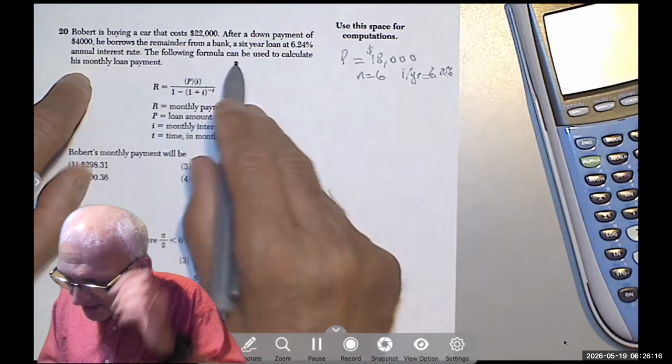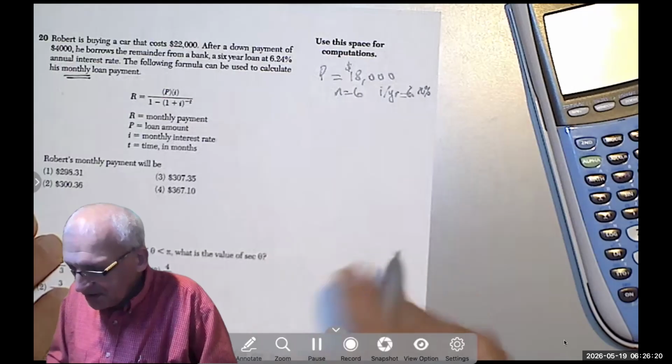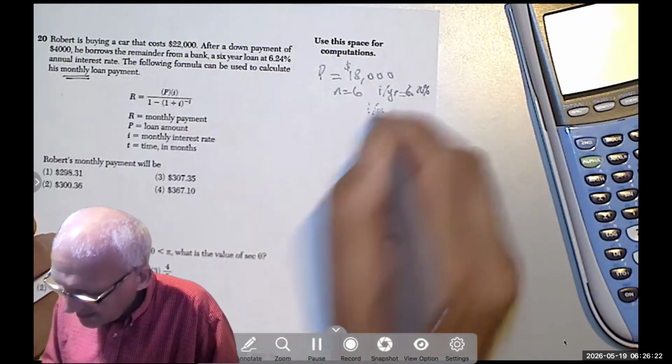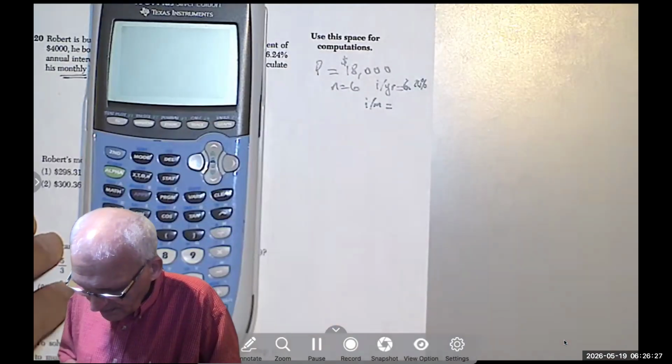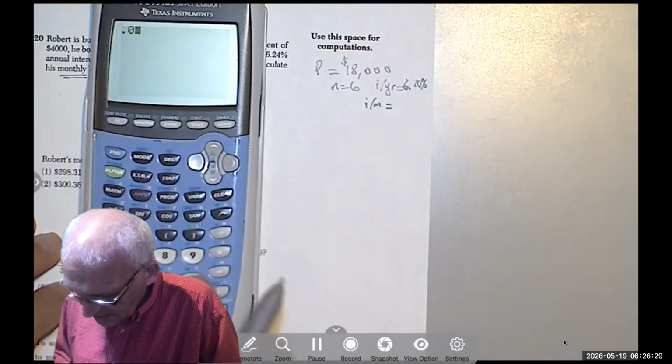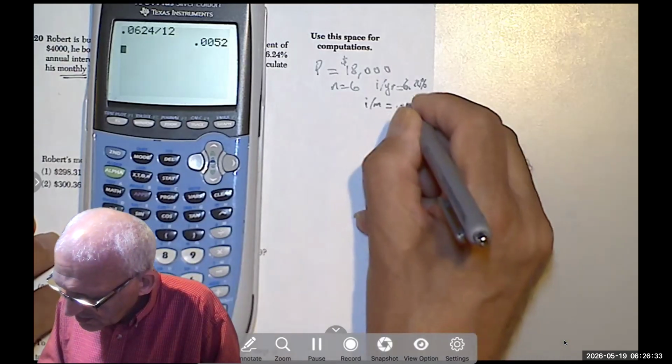The following formula can be used to calculate his monthly loan. So I per month equals 0.0624 divided by 12. It's 0.0052.